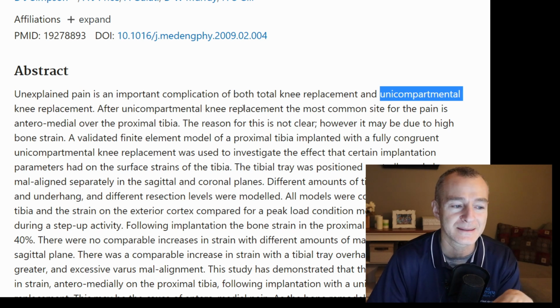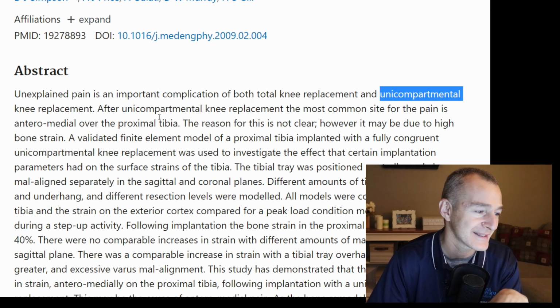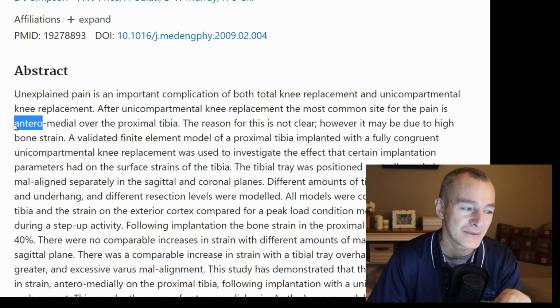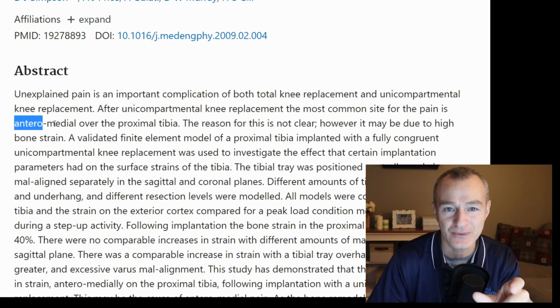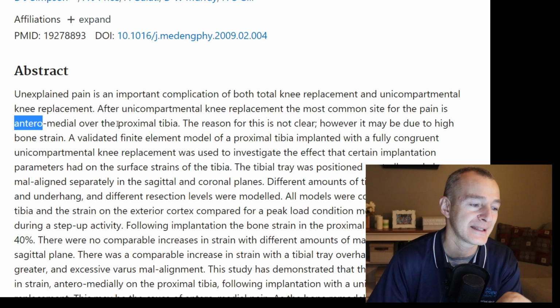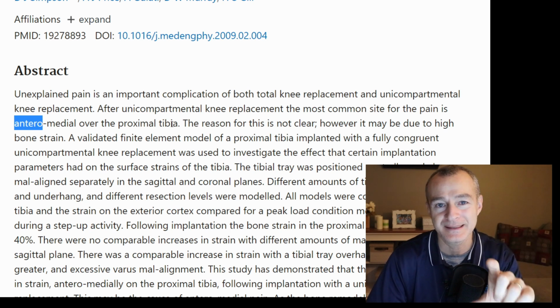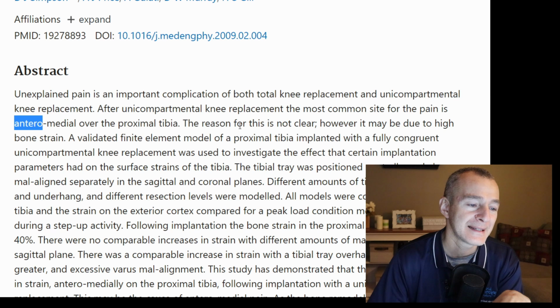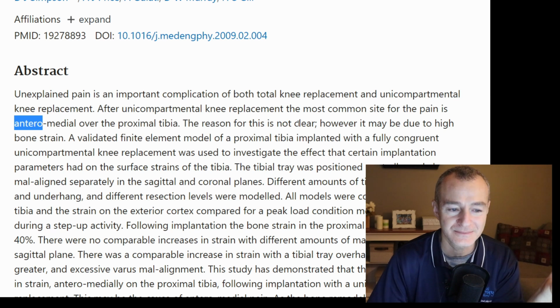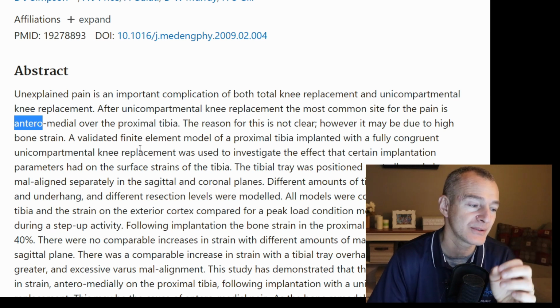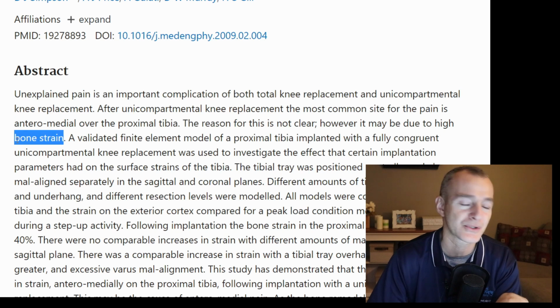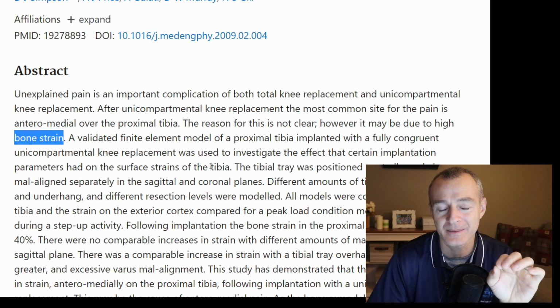After unicompartmental knee replacement, the most common site of pain is anterior medial, so the front inside part of the knee over the proximal tibia. Tibia is the shin bone, essentially. And so the reason's not clear. However, it may be due to high bone strain. And that's what we're talking about right now.